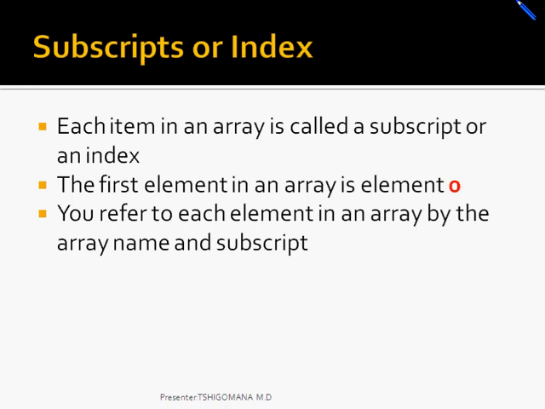You refer to each element in an array by the array name and subscript. Let's say for example we have an array called Chitapi which has 100 elements, and we want to refer to the first element. We are going to say Chitapi(0).